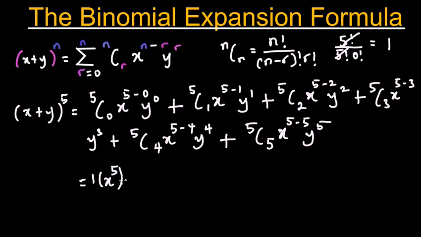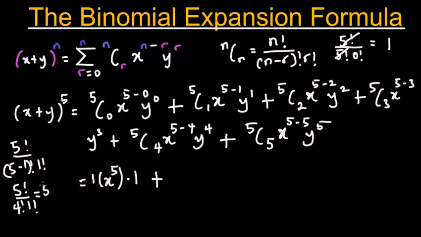So here we have 1 multiplied by x to the power of 5 multiplied by 1, plus 5 combination 1, which is 5 factorial over (5 minus 1) factorial times 1 factorial. That will be 5 factorial over 4 factorial times 1 factorial.